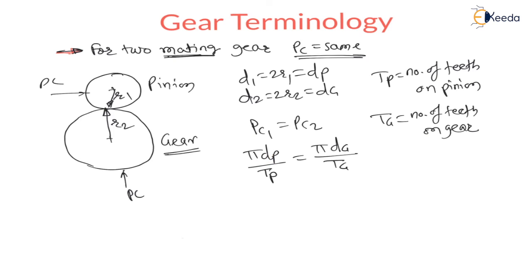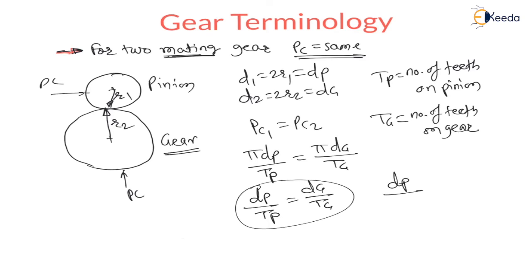That we can understand, right? From this we can say the diameter of pinion divided by number of teeth on pinion is equal to the diameter of gear divided by number of teeth on gear, or the diameter of pinion divided by the diameter of gear is equal to teeth on pinion divided by teeth on gear.